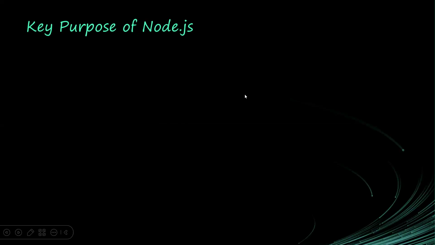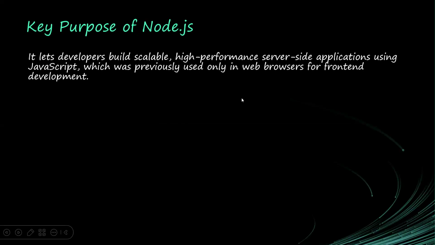The key purpose of Node.js is that it lets developers build scalable, high-performance server-side applications using JavaScript. So Node.js is the backend framework or backend platform that developers use to build server-side applications, whereas JavaScript was previously used only in web browsers for front-end development.